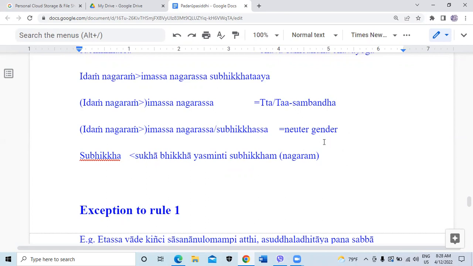In the example you gave us yesterday, the Ime Dhamma Bhāvataddhita, the Bhava Sambandha is Bhāvataddhita, right? Yes. And the Ta Sambandha is Ime Dhamma. So Ime Dhamma is plural, but Bhāvataddhita is singular.